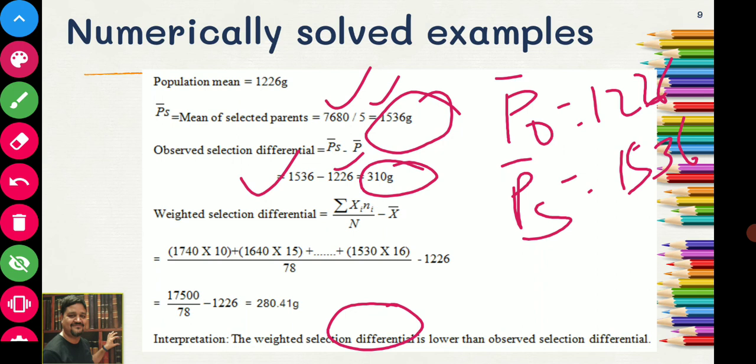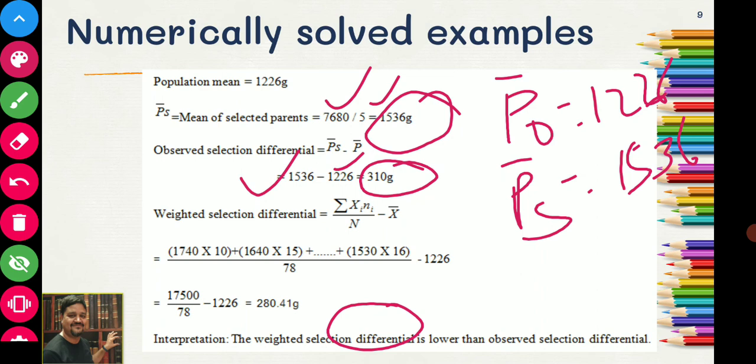But this will be followed only when each and every parent is producing an equal number of progeny. But it is not like that here in this question. So you have to calculate the weighted selection differential, which will be summation xi ni divided by n, minus the population mean.